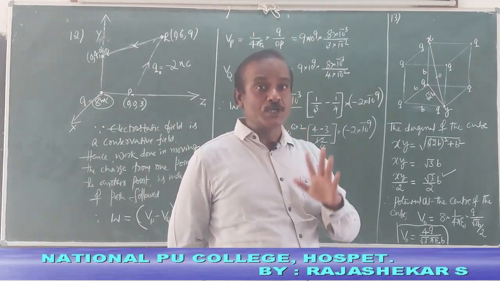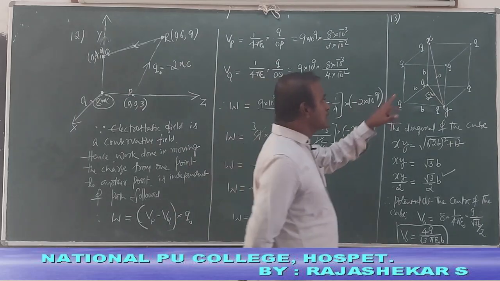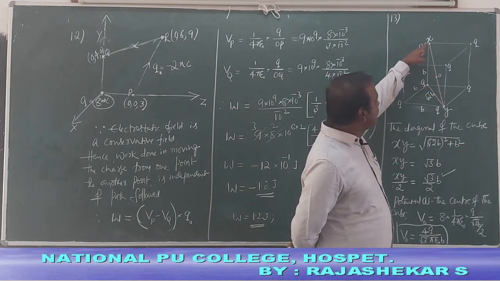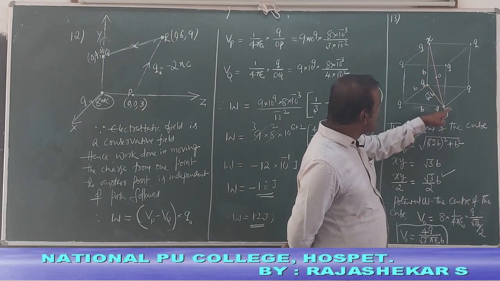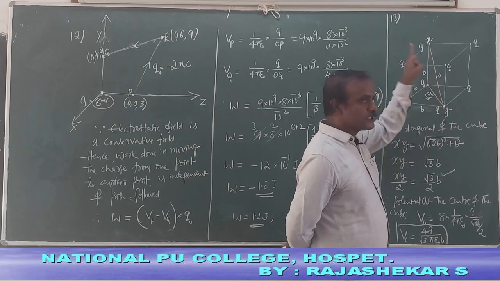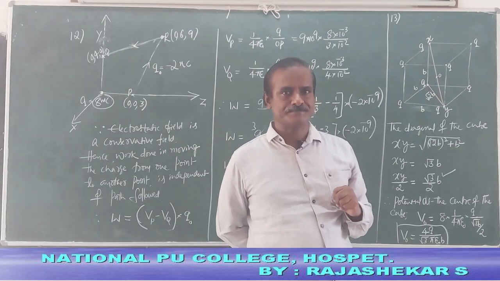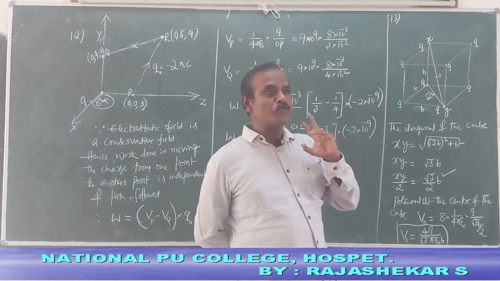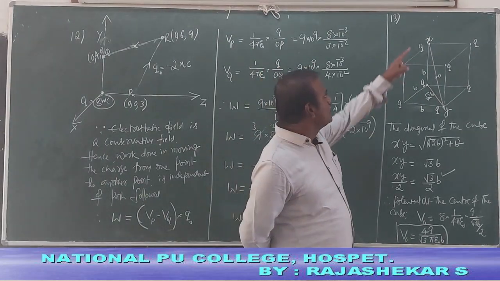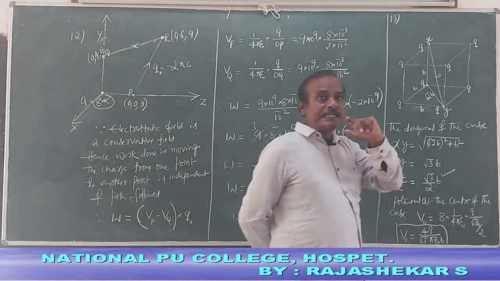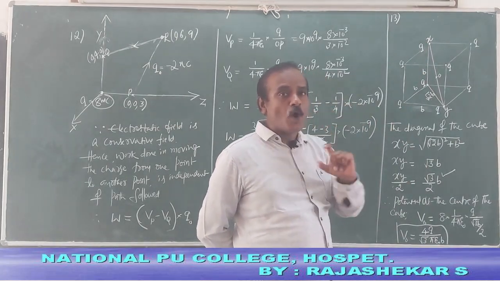Yes, it is 0. Why? Because look at the center of the cube. What is the electric field due to these two charges which are on the diagonally opposite ends? You will get 4 such pair of charges, because there are 8 totally, 4 such pair of charges which lie along the diagonally opposite ends.